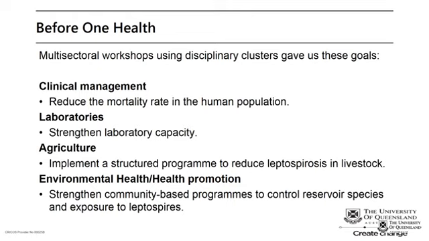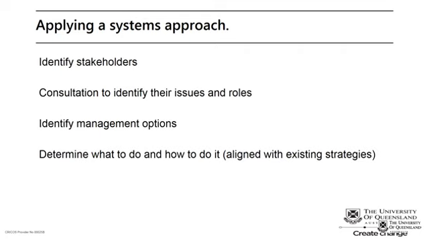Okay. And so what we then did was we took a more systematic approach. We took a step back and we said, okay, let's look at the system. Will they respond to the problem?